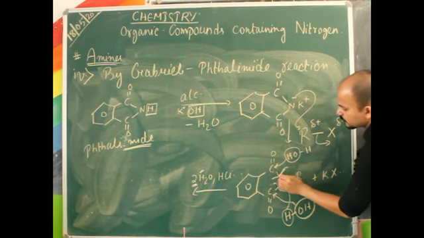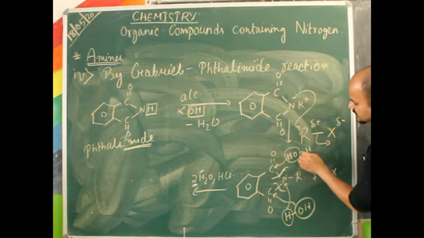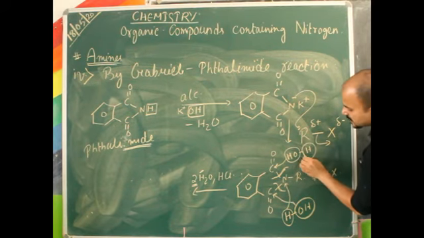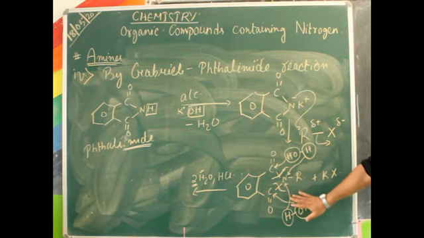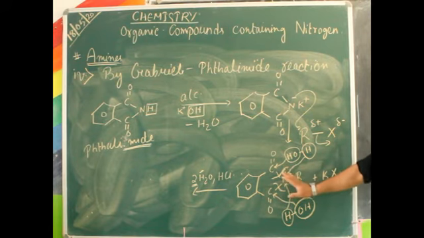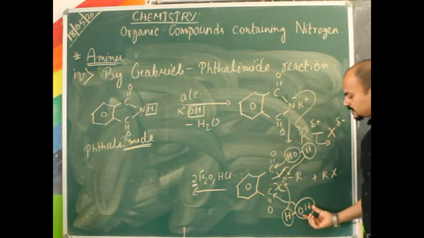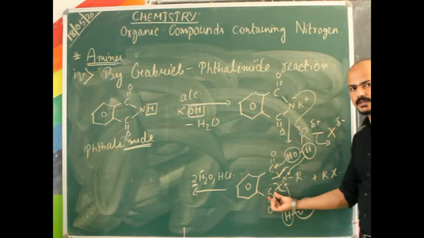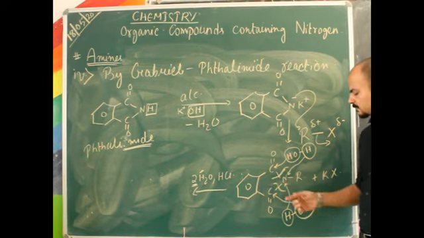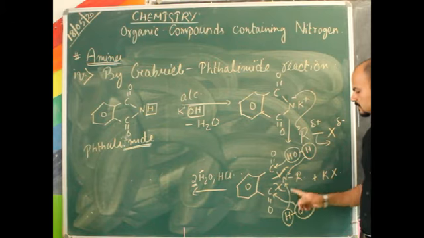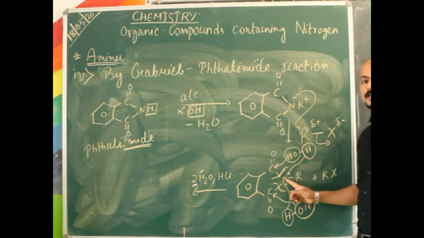Okay? Since this bond has broken now, nitrogen's valence is unfulfilled. Therefore, this hydrogen now will go and get bonded with this nitrogen. This is very, very simple. See, OH going and getting bonded with carbon, here also getting bonded with carbon. 1 hydrogen from this water molecule, 1 hydrogen from this water molecule will go and get bonded with this nitrogen.